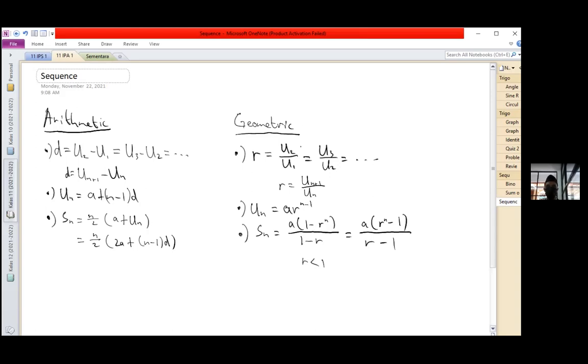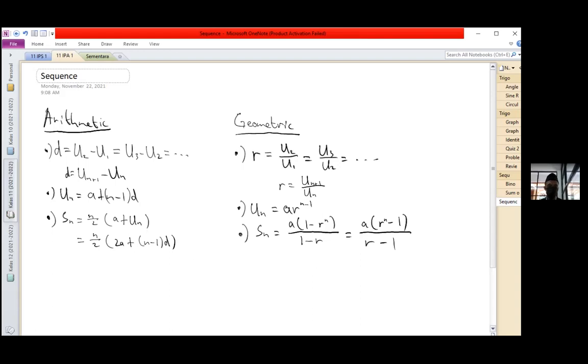For the sum of a geometric sequence, you will do well even if you just memorize one of these, not both.